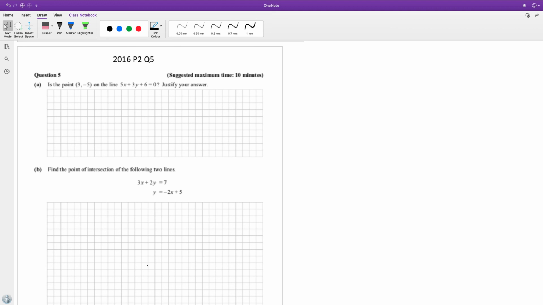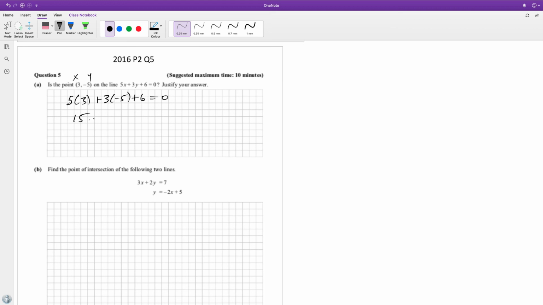Great. What did you do for part A to check was it on the line? You did. She subbed in 3 and minus 5 into x and y to check was it on the line. So she said, this was our x and this is our y. 5 times 3 plus 3 times minus 5 plus 6 equal to 0.